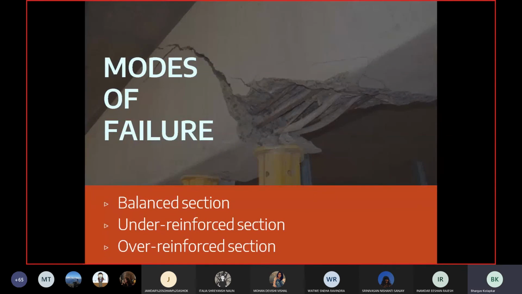Now, when concrete cracks, it transfers its strain to steel. Why? Because when it is cracking, it is deflecting and it is forcing steel to deflect also. Thereby, it is transferring its own strain to steel.